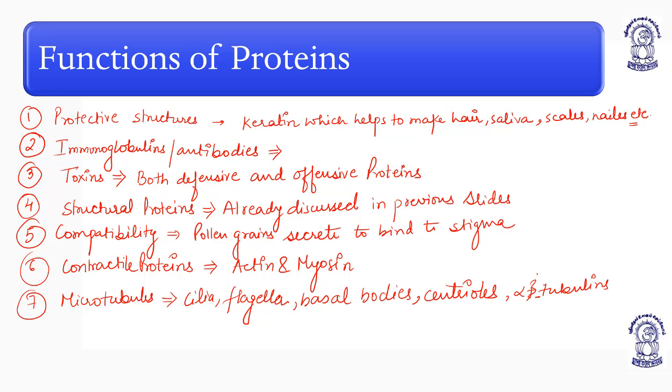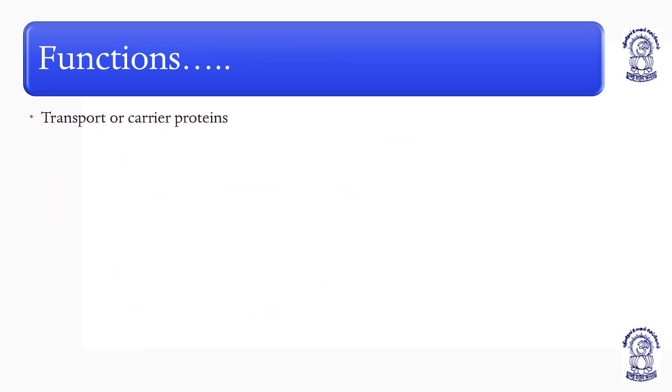P protein is present in sieve tube elements. Then the transport or carrier proteins which help to transport, like hemoglobin.